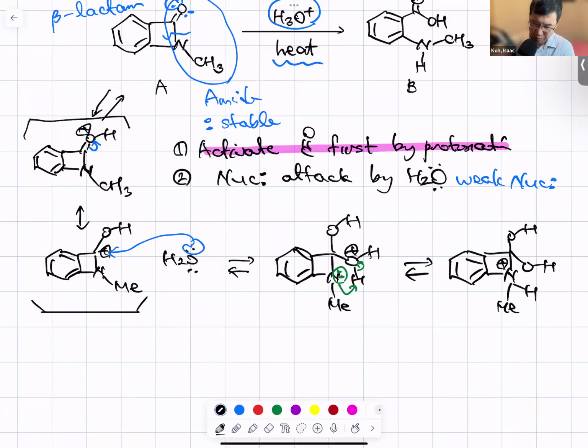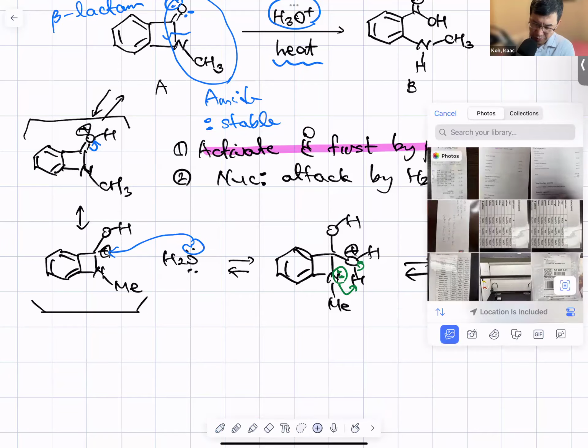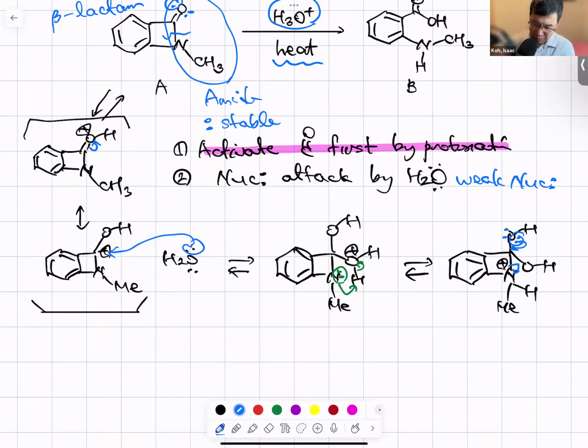So then we can bring the lone pair down and make it leave. So it is now the loss of a leaving group.